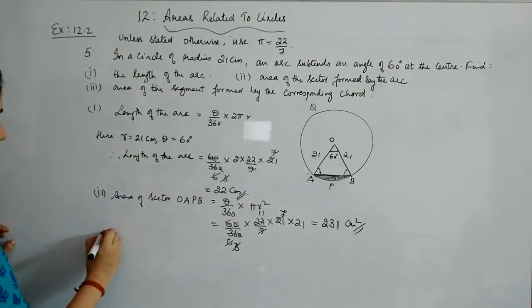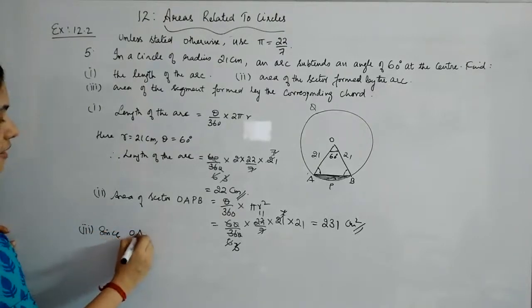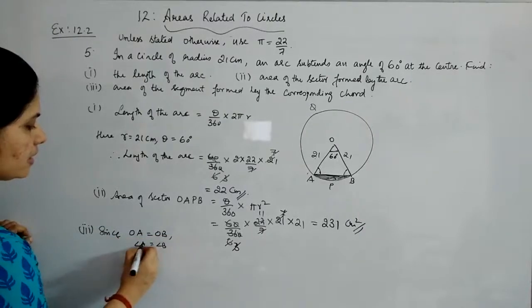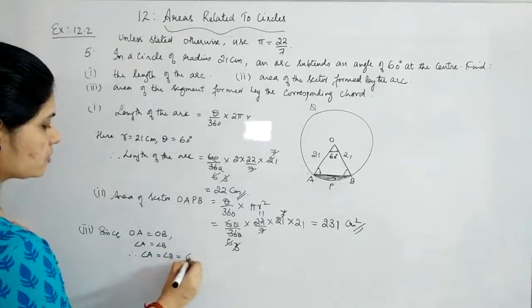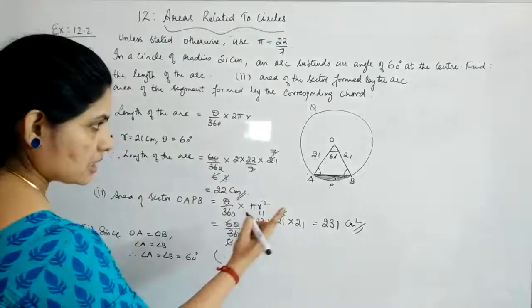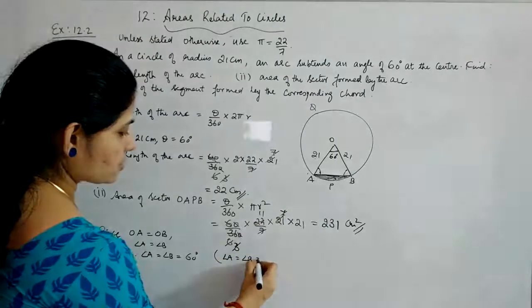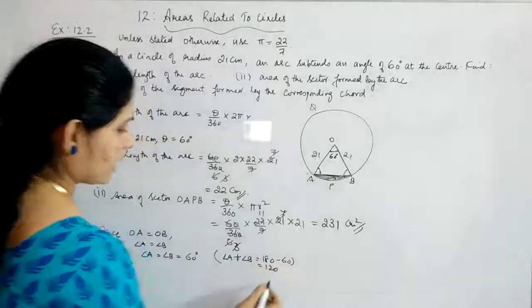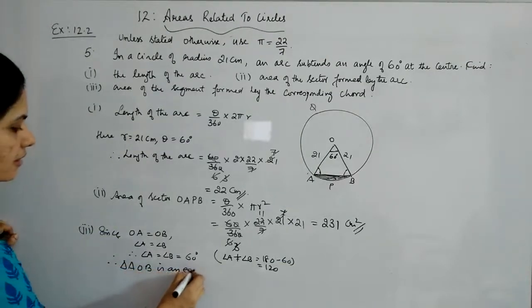Since OA is equal to OB, we have angle A equal to angle B, and the sum should be 180, so A plus B will be 180 minus 60, which is 120, and both should be equal, so each one should be 60. Therefore, triangle AOB is an equilateral triangle.